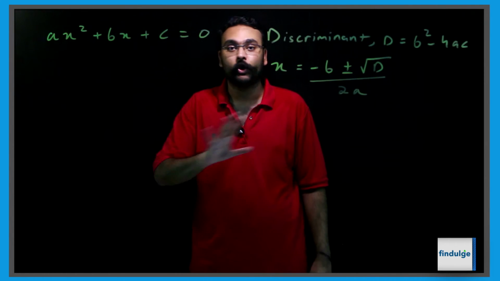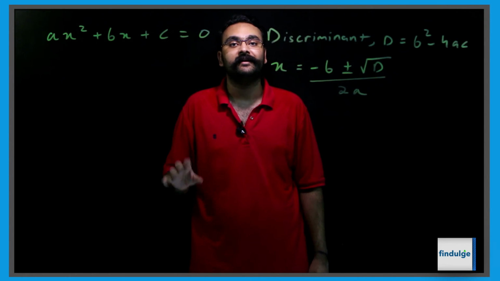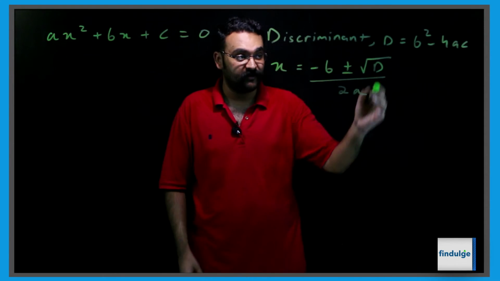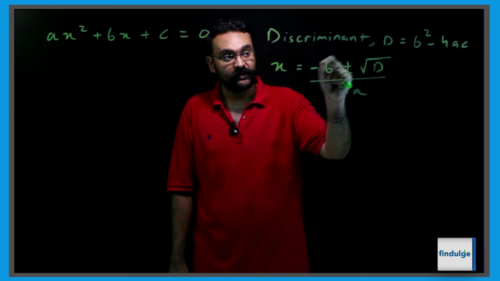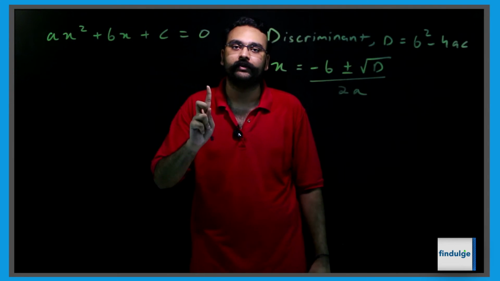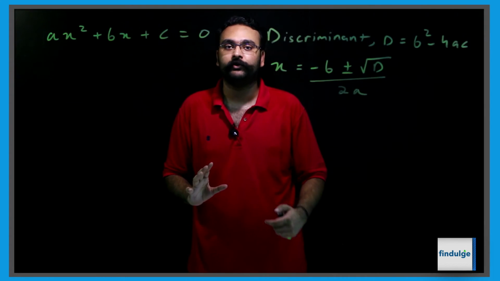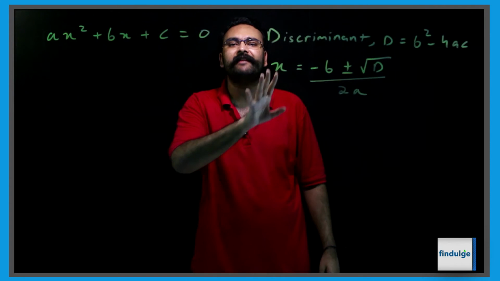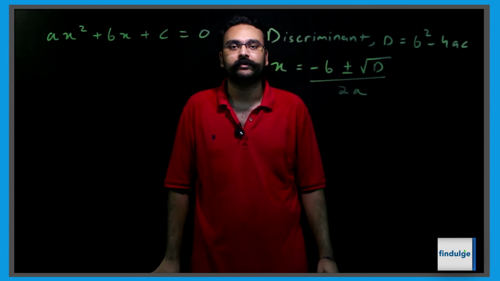We know that that is not possible, so we will say there are no real roots. Similarly, if d is 0, this will just become plus minus 0, so we will get only one root, which is minus b by 2a. And finally, if d is positive, then we will get more than one root.